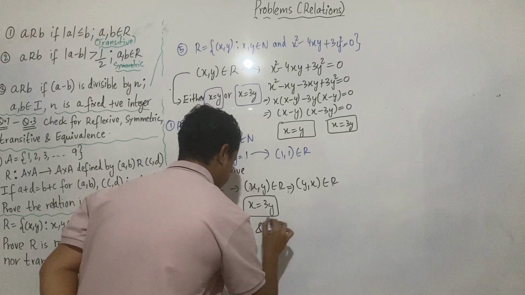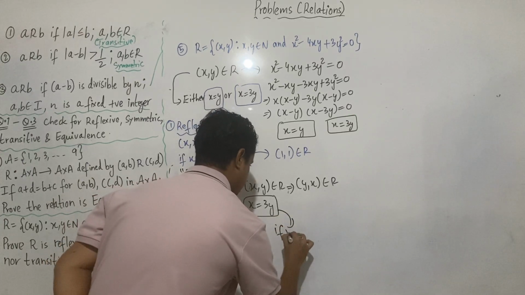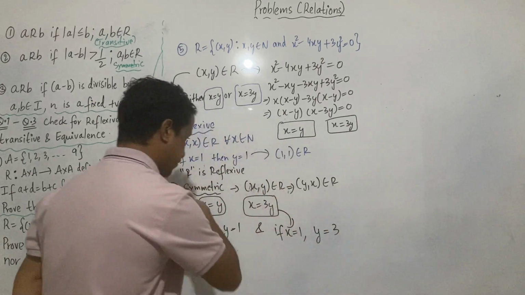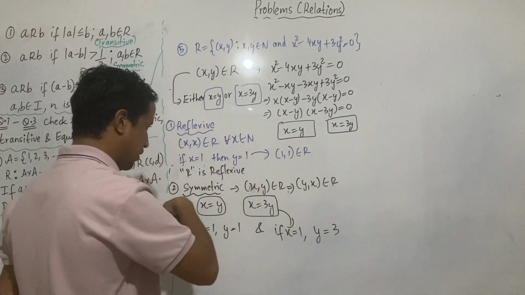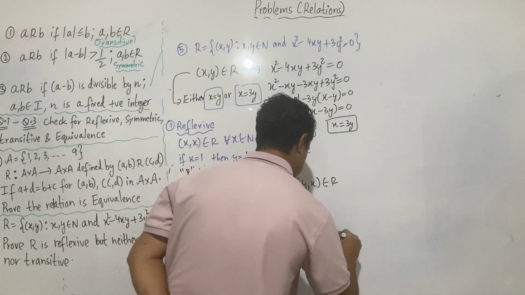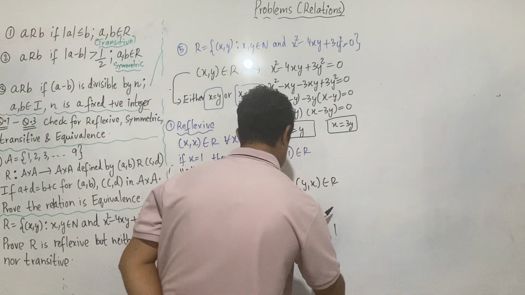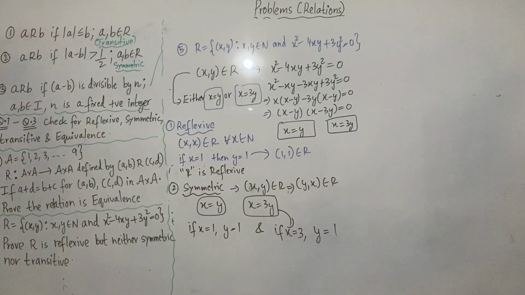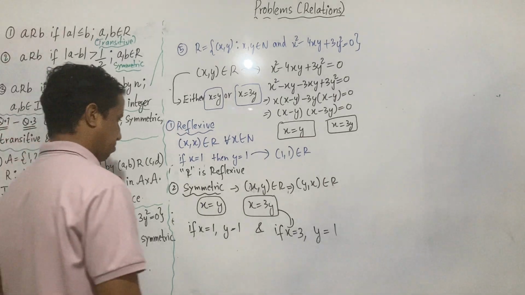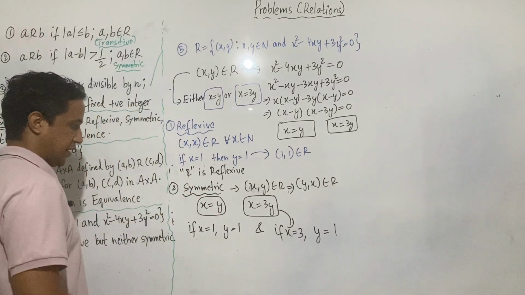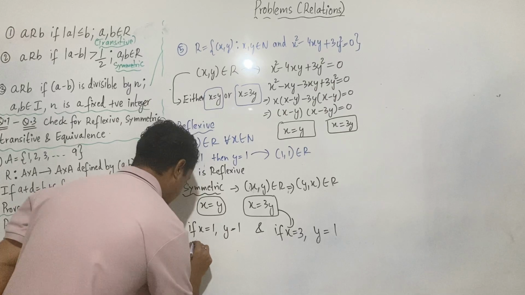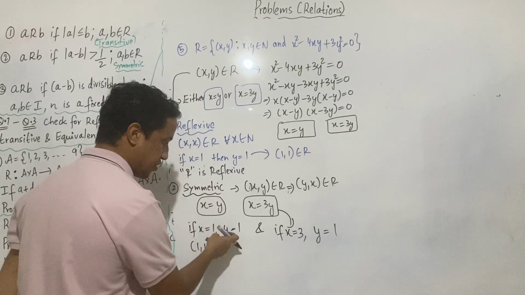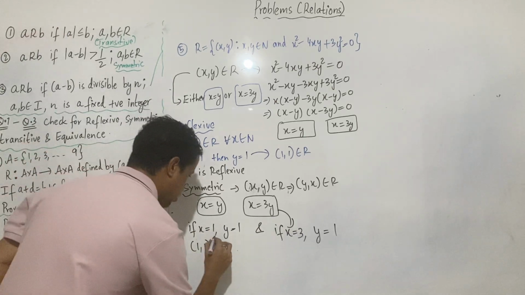And if y is equal to 1, then x is equal to 3. This is fine. If (1, 1) is in the relation, then (y, x) is also going to be in the relation.